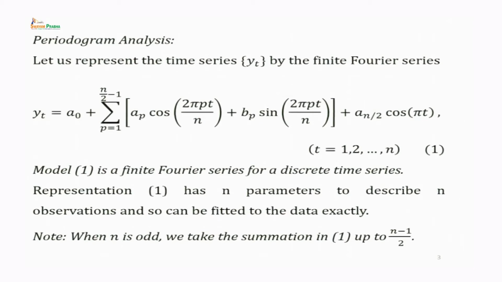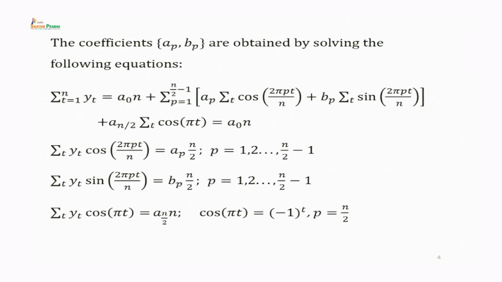Now, for t equal to 1 to n, the value of cos pi t is minus 1 to the power t.